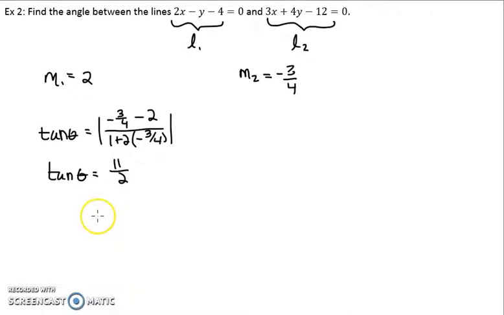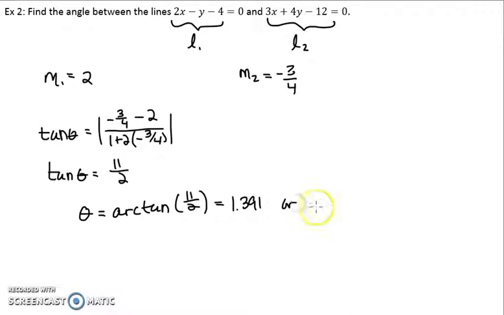Kind of skipping a few steps there, but 11 halves if you work all that stuff out. So we need to find what theta is. So theta is going to be equal to the arctangent of 11 halves, which is going to be equal to about 1.391 radians. Or if we're talking about degrees, that's about 79.7 degrees.